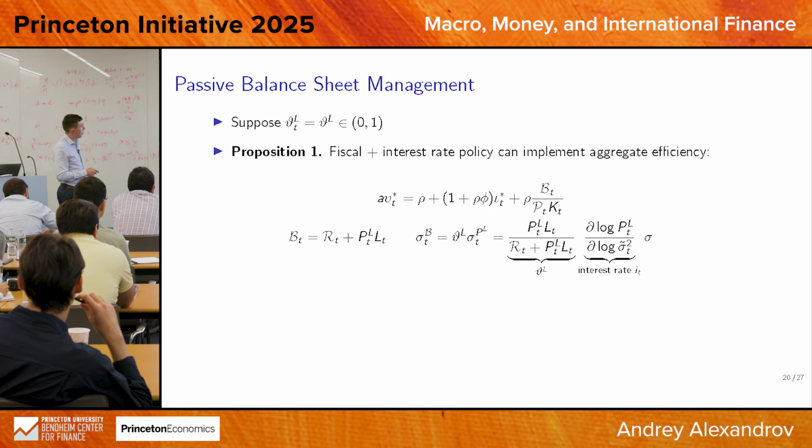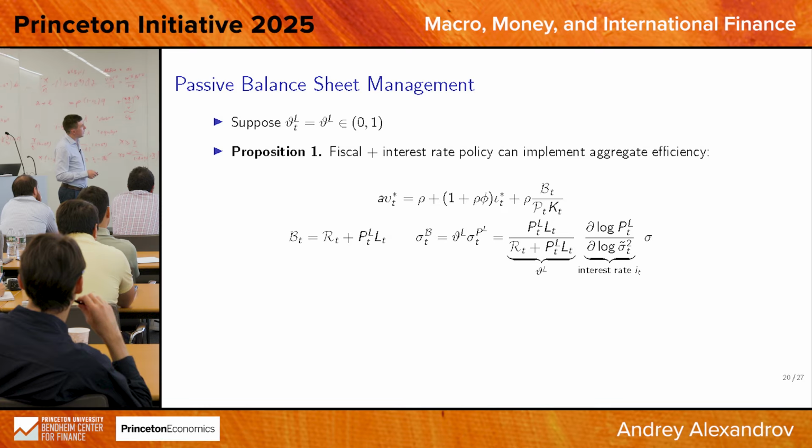And in fact, how much the total nominal wealth responds to a shock, so this sigma B, is just a product of your fixed VRT-TL, your passive balance sheet management policy, and the responsiveness of the bond price to these shocks. The first one you control with balance sheet management. The second one you control with your interest rate policy.